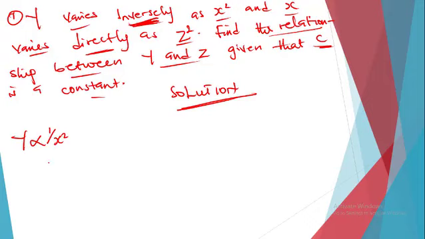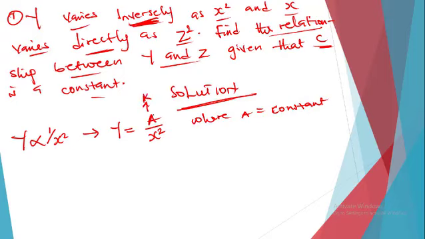You remember inverse variation, and therefore we have that y is equal to a over x squared, where a is a constant. In our previous classes we used k, but in this lesson I want us to use a as a constant. So y is equal to a over x squared.